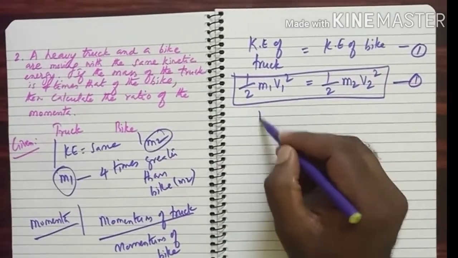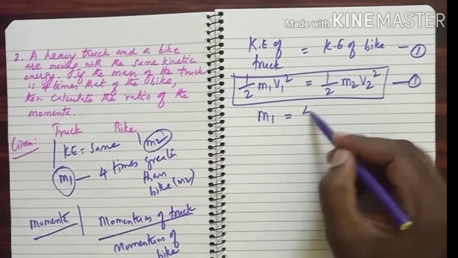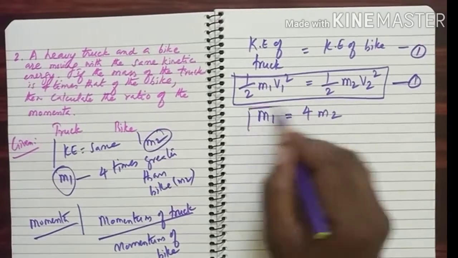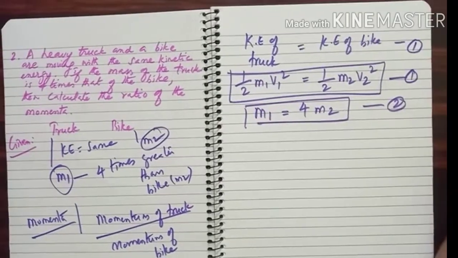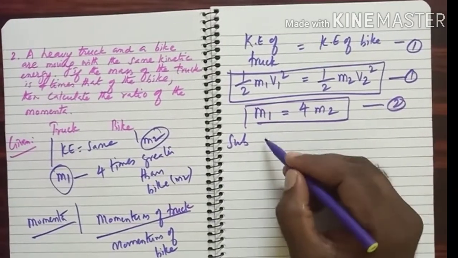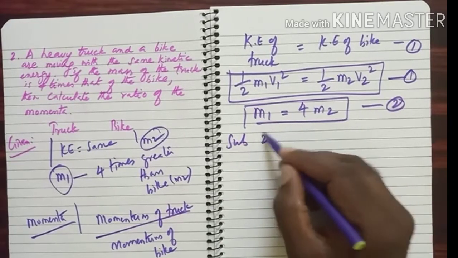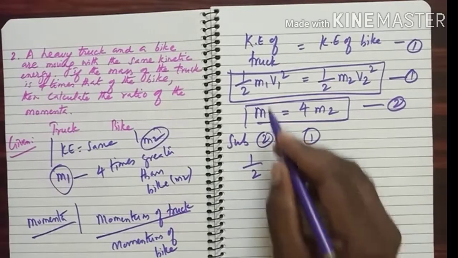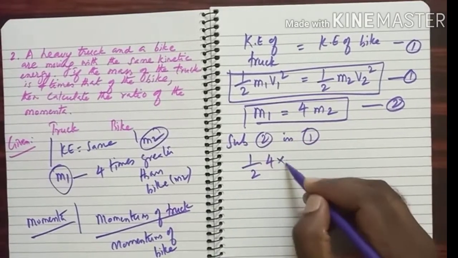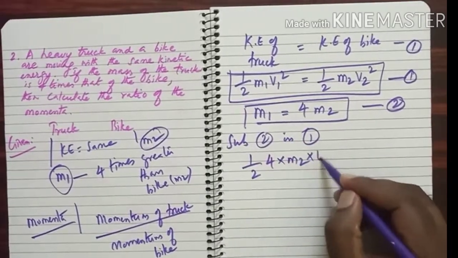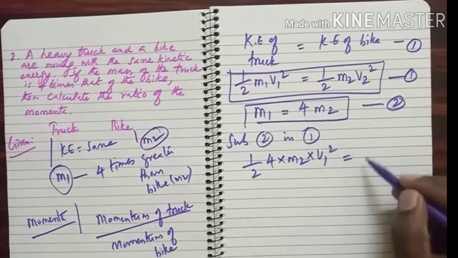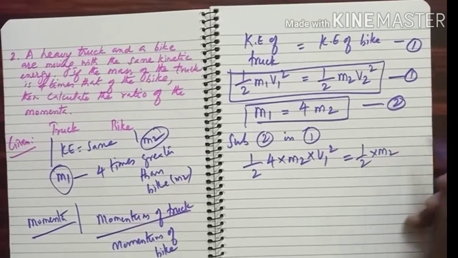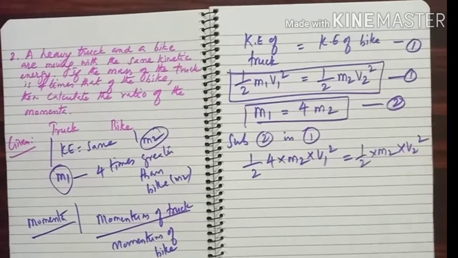What is the second condition? The mass of the truck is 4 times greater than the bike. This is 2. So let us substitute 2 in 1. Half m1 will become 4 into m2 into v1 square. Half m2 remains the same and v2 square remains the same.